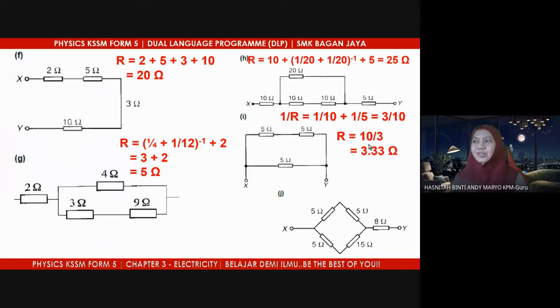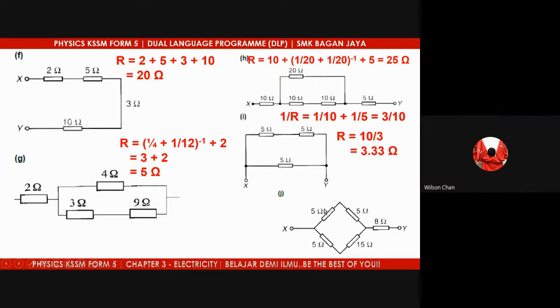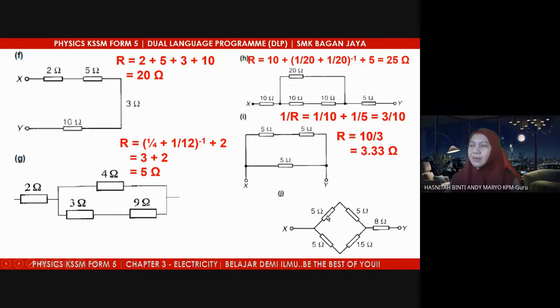Okay, last question for this part. How to read the J circuit? Series, parallel with series. Which one is in series? The parallel first, the 5. So we have on top 5 and 5 in series, and down here this 5 and 15 are in series and they are both parallel. On top you have 10 ohm, and at the bottom you have 20 ohm.